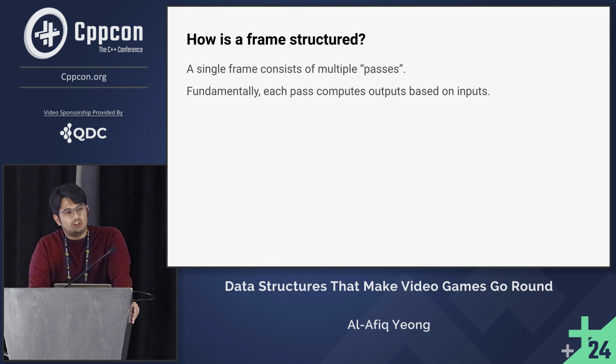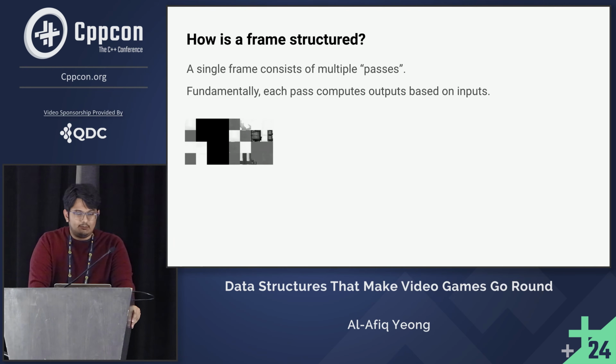How is a frame structured? Well, a frame consists of multiple passes, and fundamentally, each pass computes outputs based on some inputs. For example, if you run Doom and capture a single frame inside of RenderDoc, you would have something like this.